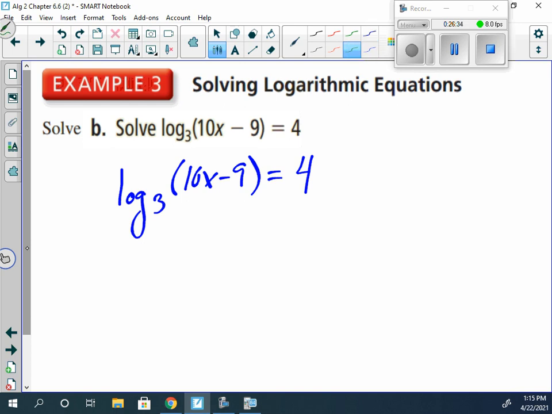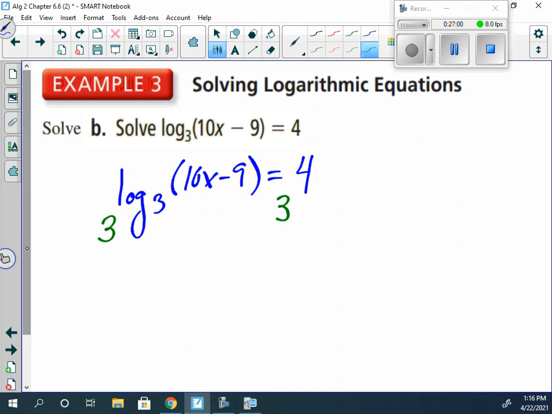So what would we do for this here? Three in front of the log, 3 in front of the 4. Or give both of these sides a base of 3. Essentially, we're putting log base 3 of 10x minus 9 into the exponent with 3 as the base.